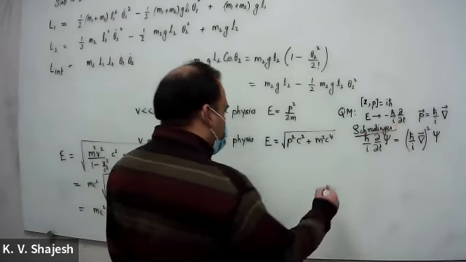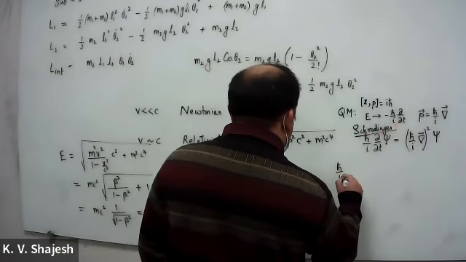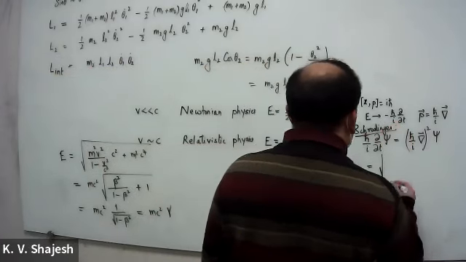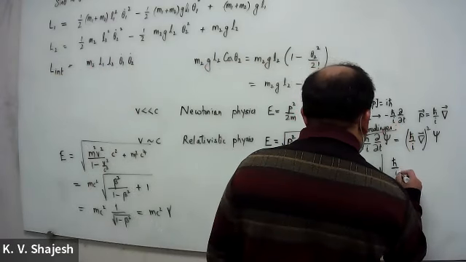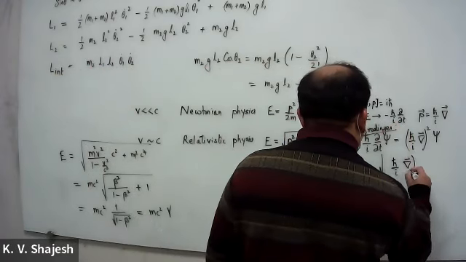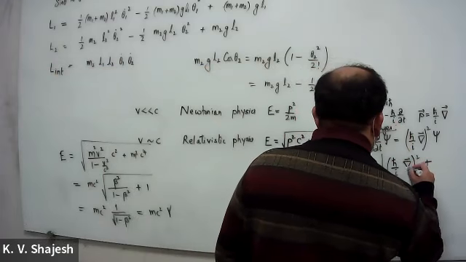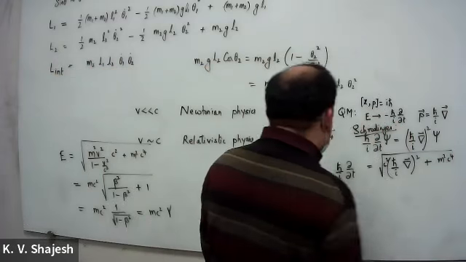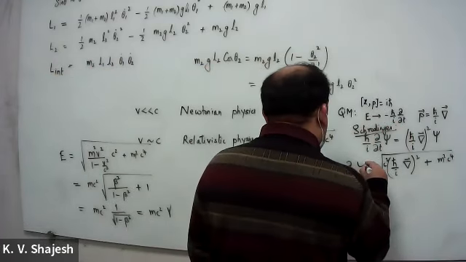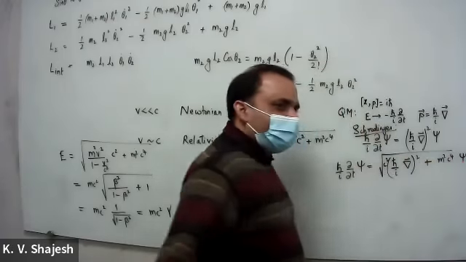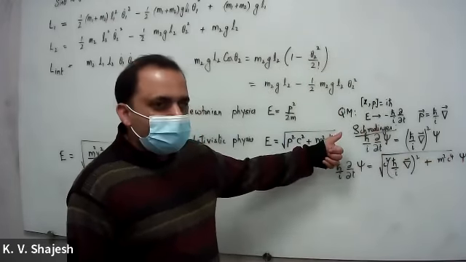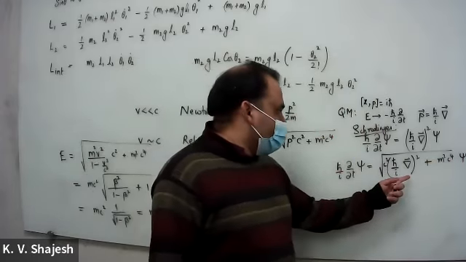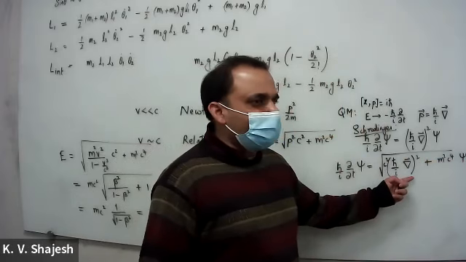Do the same idea: h bar over i d by dt is equal to the square root of c squared. That's the layman's way of going from non-relativistic to relativistic. But then you need to know what the square root of an operator is, whatever that means.